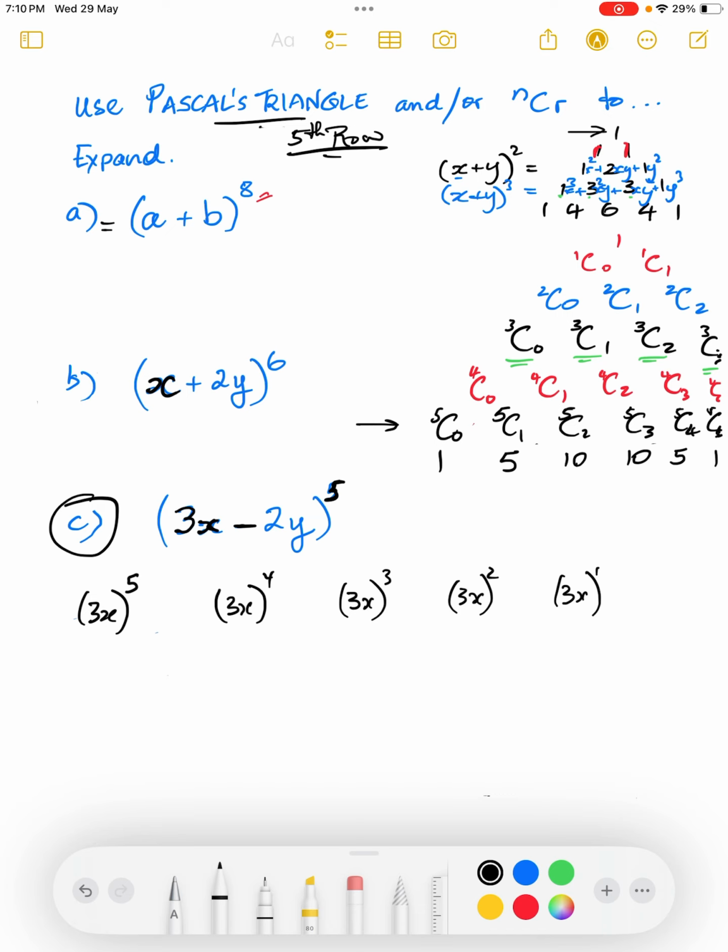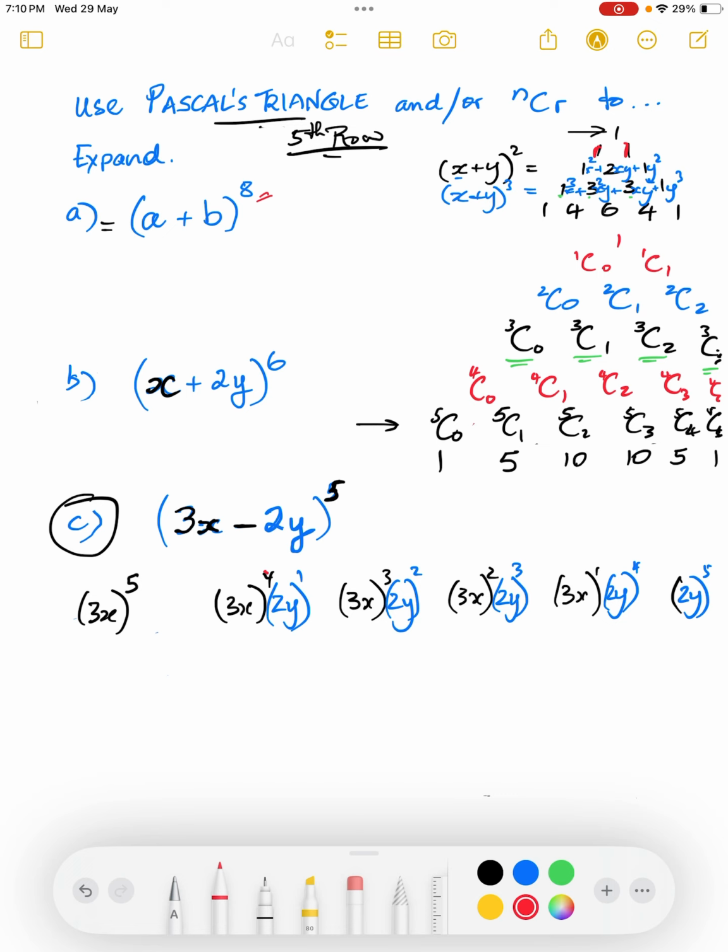And we start at the other end this time, with 2y. So we would put 2y to the power of 5, 2y to the power of 4, 2y cubed, 2y squared, 2y to the 1, and 2y to the none.